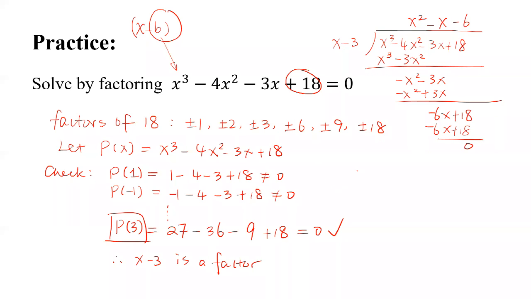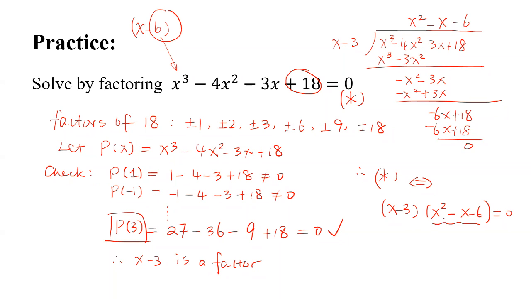Okay, so let's call this asterisk. So asterisk is equivalent to x minus 3 times the other factor, x squared minus x minus 6 equals 0, right?